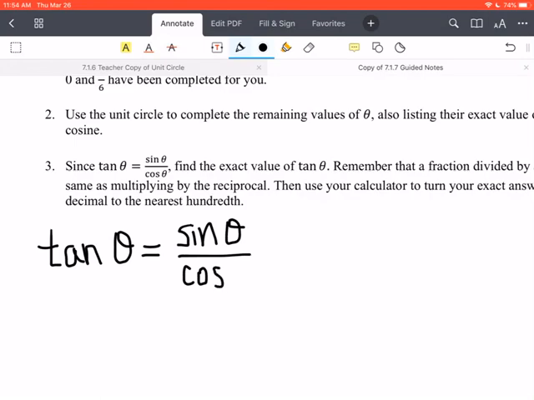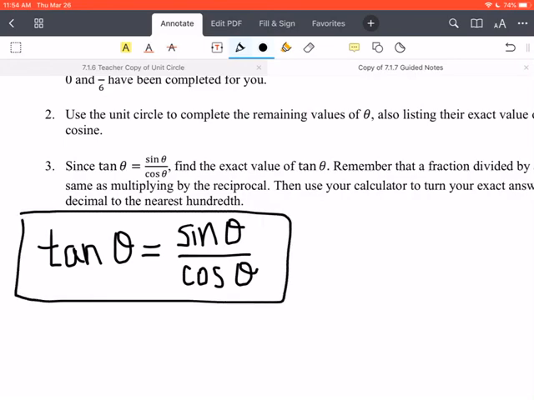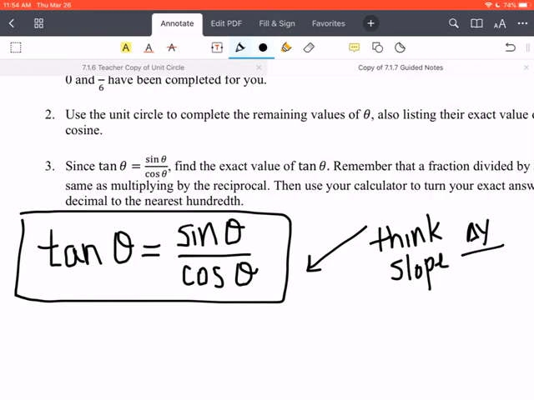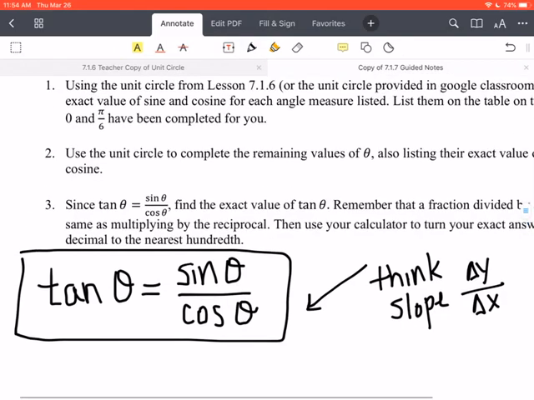Now people are going to get mixed up because I've been talking so much about C comes before S, but if you notice in tangent, S is over C. What are we going to relate this to? Think slope. What is slope? Change in y over change in x. So if you've memorized that sine has everything to do with y and cosine has everything to do with x, you are going to be okay.